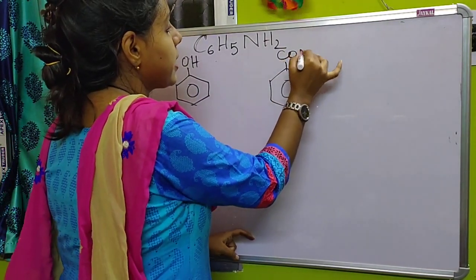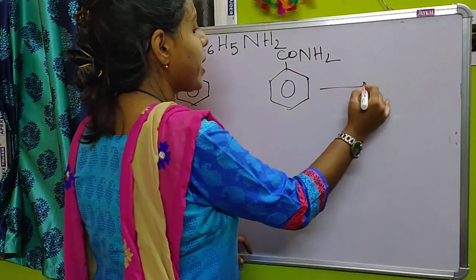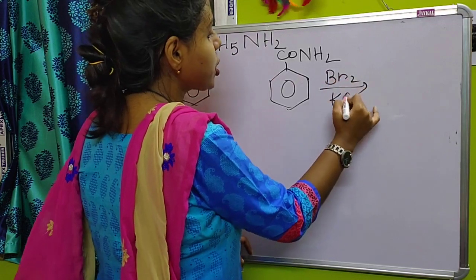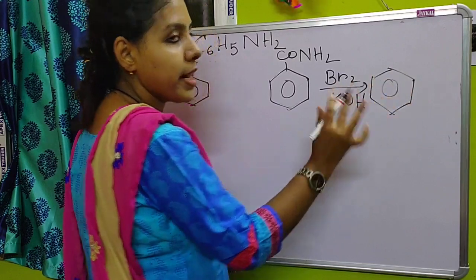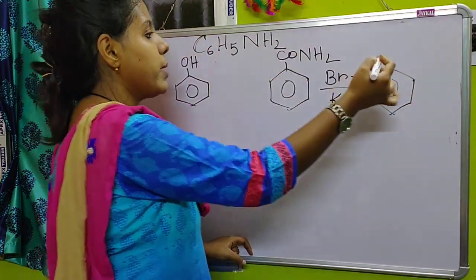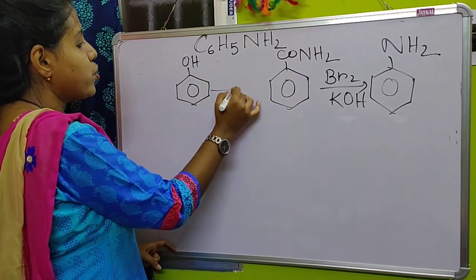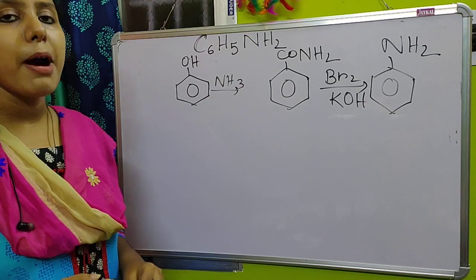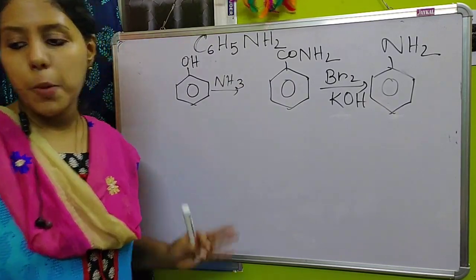We could also convert benzamide, C6H5CONH2, by adding Br2 in KOH. Again it is the Hofmann degradation reaction. CO will be removed and it will be changed into NH2. By this way we could convert these compounds into aniline. Clear this one?